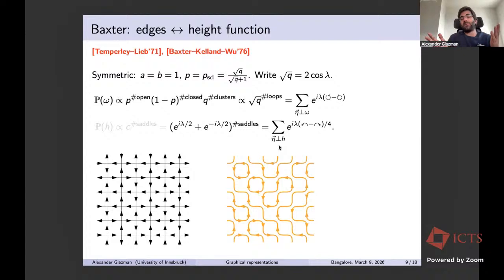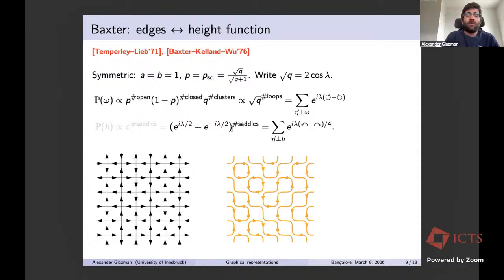So each right turn is given e to the i lambda over 4, and each left turn is e to the minus i lambda over 4. Whenever you have these arcs going in different directions, then the product is 1. And if they go in the same direction, then the product is e to the i lambda over 2 or e to the minus i lambda over 2.